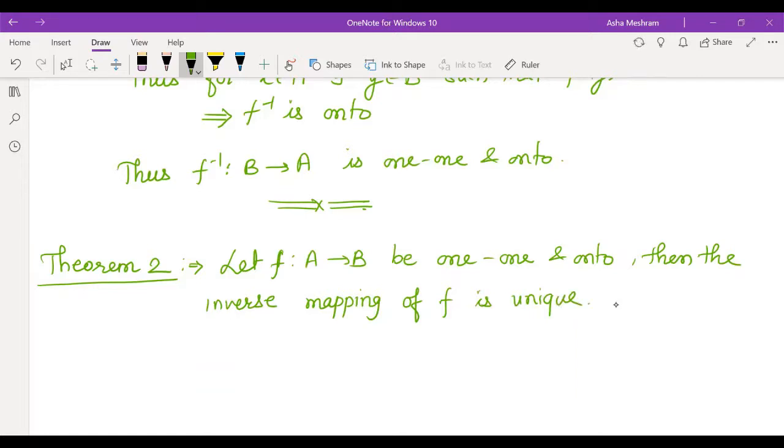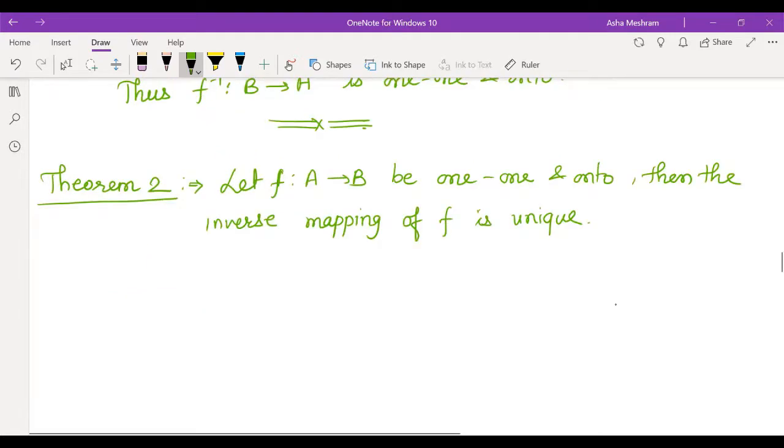Then the inverse mapping of f is unique.